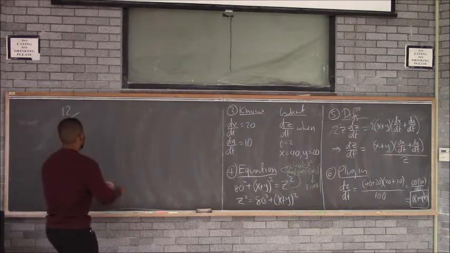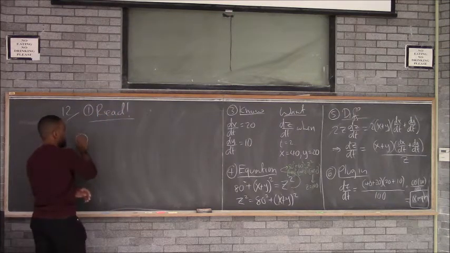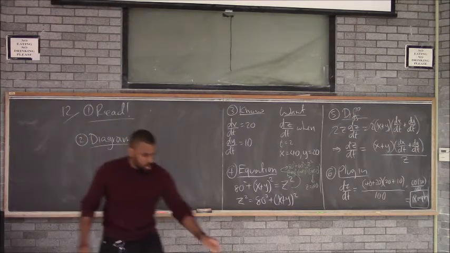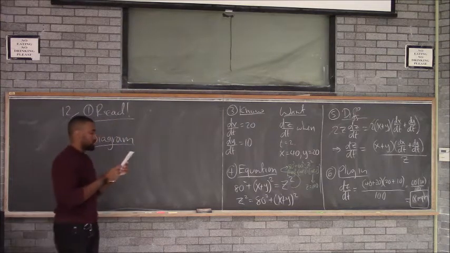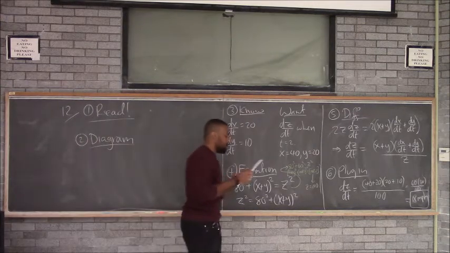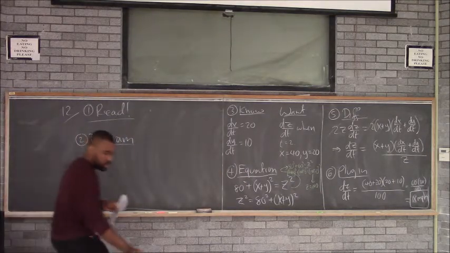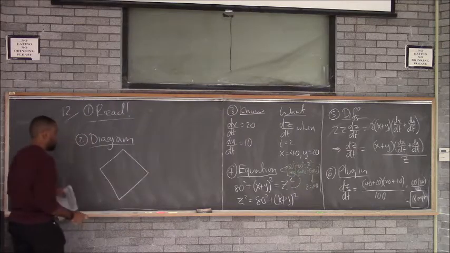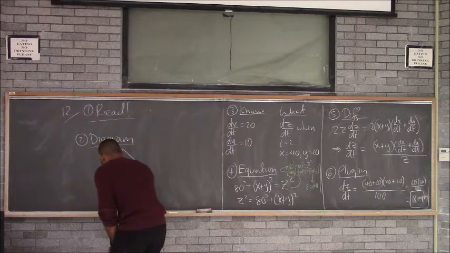Okay, so let's read. A baseball diamond is a square with sides 90 feet. Batter hits the ball, runs towards first base. They described it as a diamond, so we know that's that. But for those of you who aren't familiar with baseball, this point here is called home.